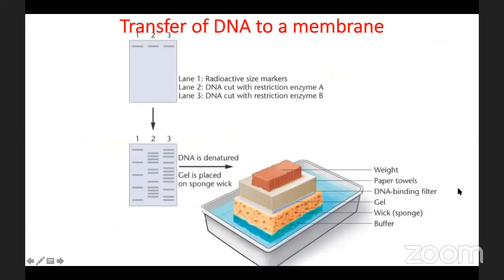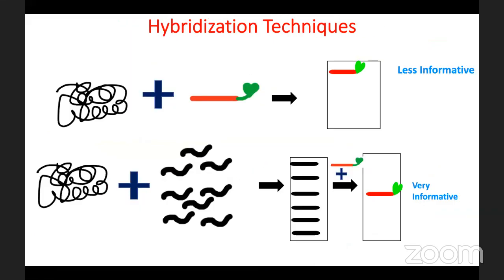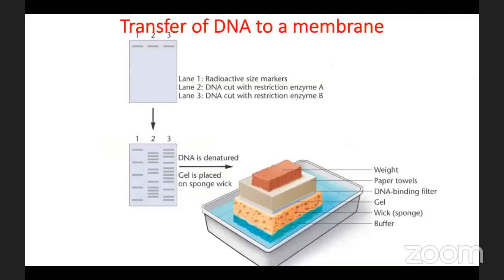Now, again, I told you it is not so simple. What is done exactly is you cut your DNA with enzymes. Enzymes cut your DNA into small pieces. Then we go for electrophoresis. In electrophoresis, the DNA is separated in a particular media, agarose.